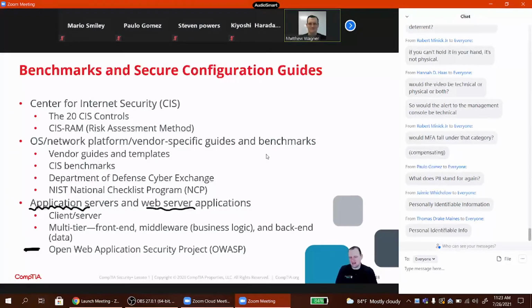OWASP is focused on making web-based software stronger and safer. They have their own framework for improving security development known as SAMM, S-A-M-M. They have their own benchmarks depending on whether it's an Apache server or a Microsoft server and so forth. And they have tons of guidelines, just tons of them.